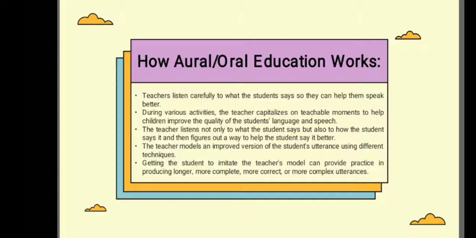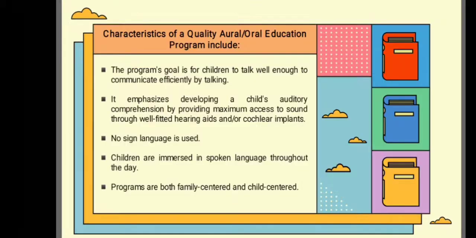What are the characteristics of quality oral education? The program goal is for children to talk well enough to communicate efficiently by talking. It emphasizes developing a child's auditory comprehension by providing maximum access to sound through well-fitted hearing aids or cochlear implants.